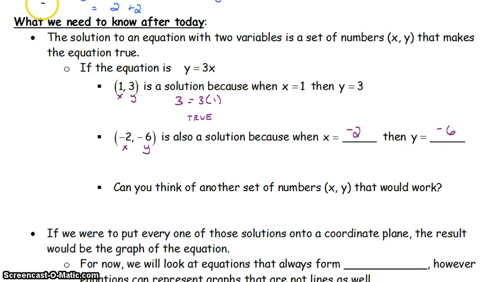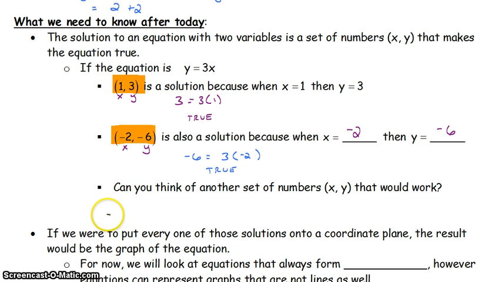And if I were to check in my equation, negative 6 equals 3 times the x, which is negative 2, that's also true. So now we have two different solutions to that one equation.